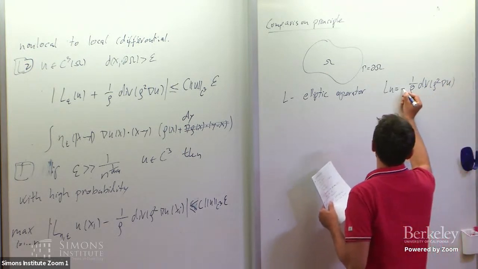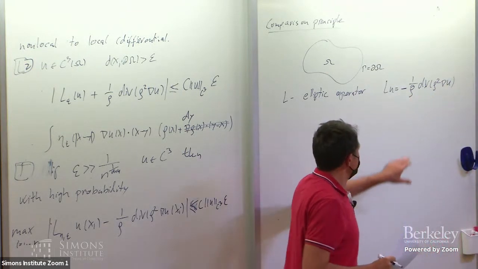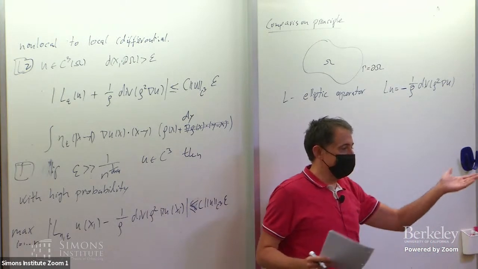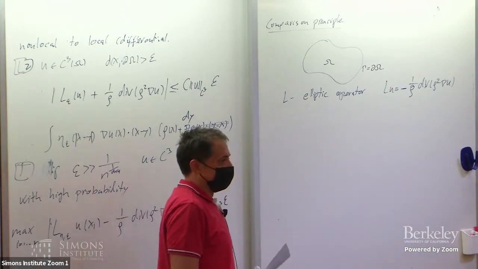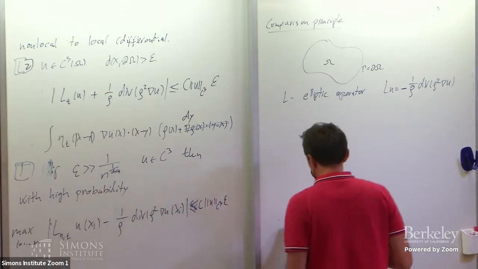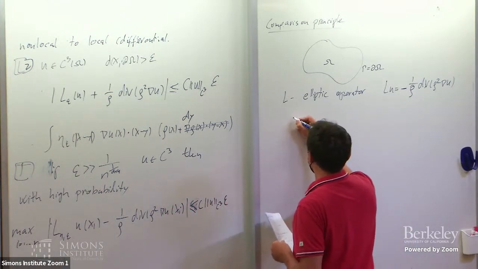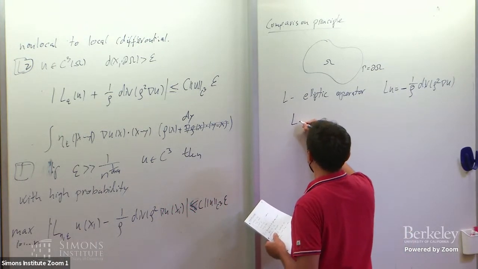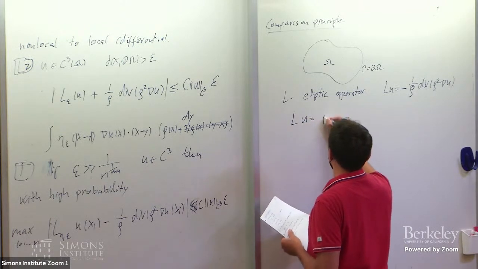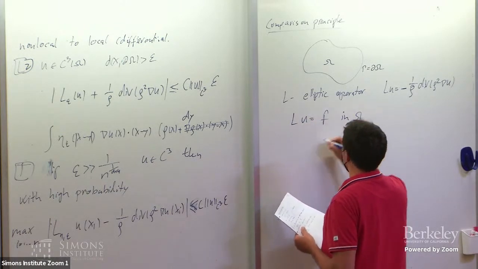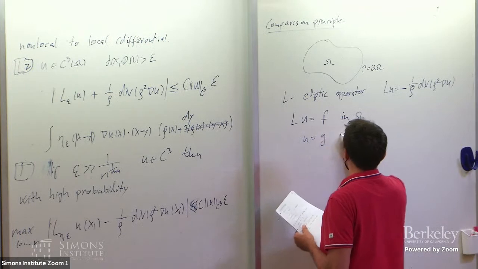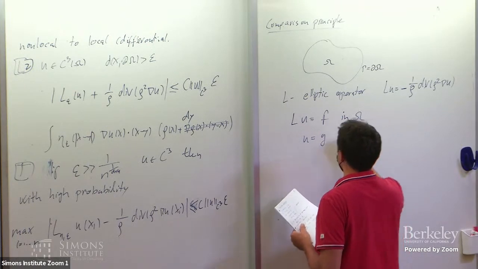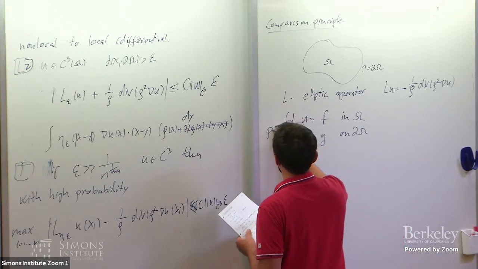Note that most PDE people would not put a minus sign, but in the viscosity community this would be quite welcome. Then I'm looking at the equation Lu equals f in omega, and u equals g on the boundary of omega. This is my problem P.